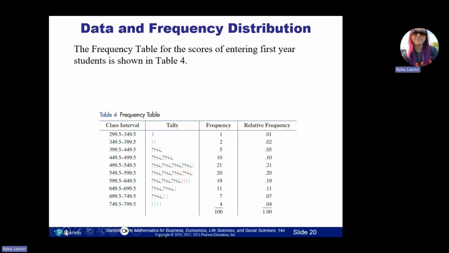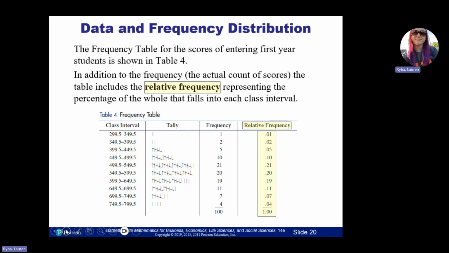So here they created the frequency table. They listed all of our ranges and then just started counting, putting tick marks, and then added up all those tick marks to give us our total frequency out of 100. And then relative frequency would be the percentages of the total as well. And then from there, you basically create your graph, and it's literally going to look like this, flipped on its side.